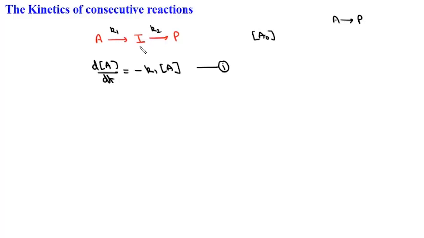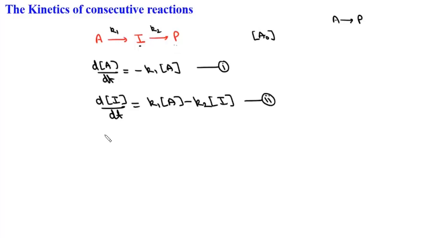Now this intermediate I is formed from A, but it decays to P. So the rate of formation of I is given by d[I]/dt, and it will be equal to the rate of formation, which is K1[A], minus the rate of decay, which is K2[I], and that's our second equation.